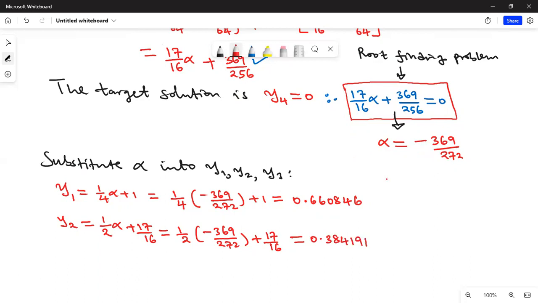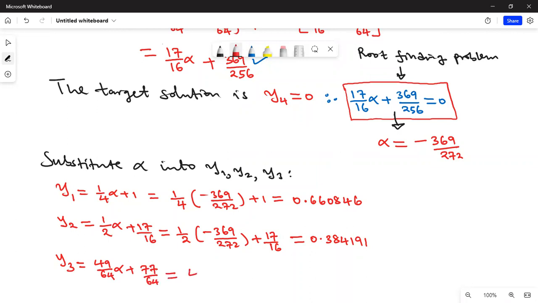Finally, y3 is equal to 49 over 64 alpha plus 77 over 64.